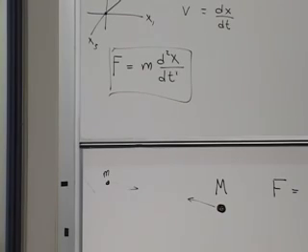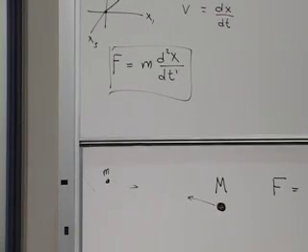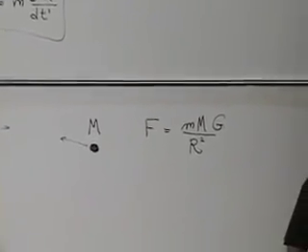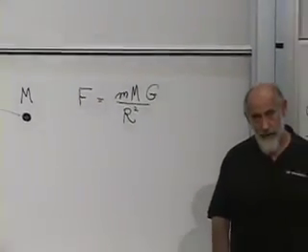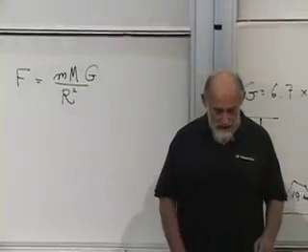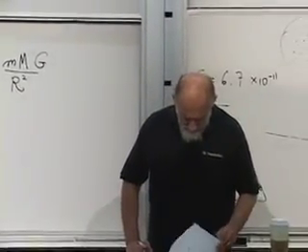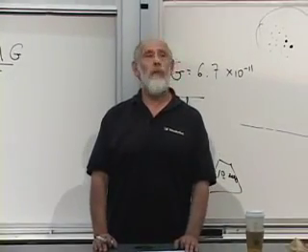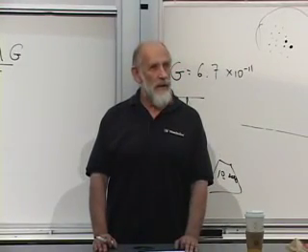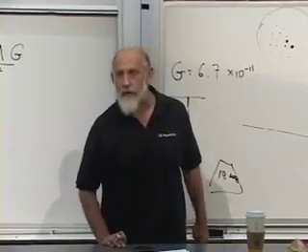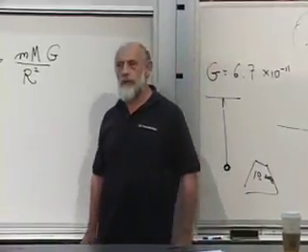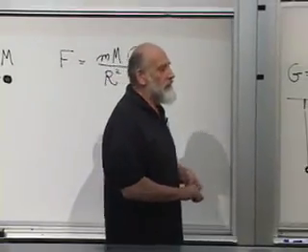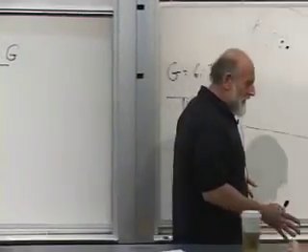Question: how did Newton arrive at that equation for the gravitational force? I think it was largely a guess, but it was an educated guess. It was from Kepler's laws. He worked out, roughly speaking, I don't know exactly what he did.